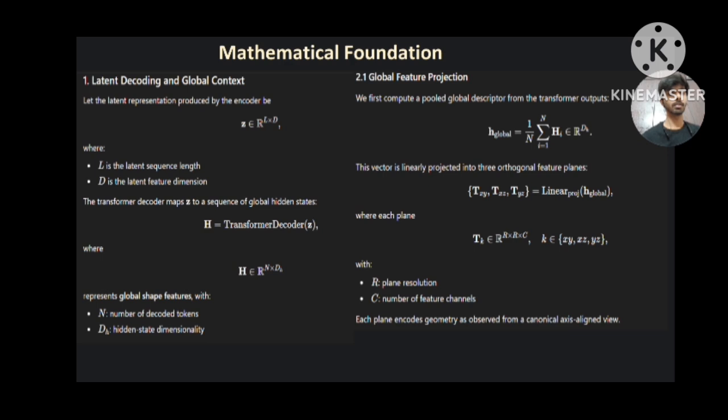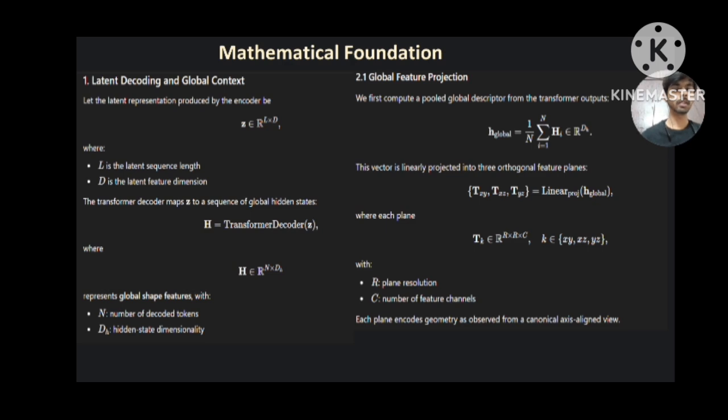What we give to our system, the input to our system would be a compressed latent representation, which is denoted by Z, and then we pass this through a transformer decoder which maps this Z into global hidden states H.